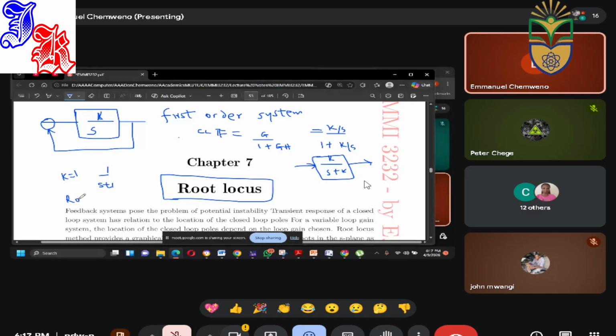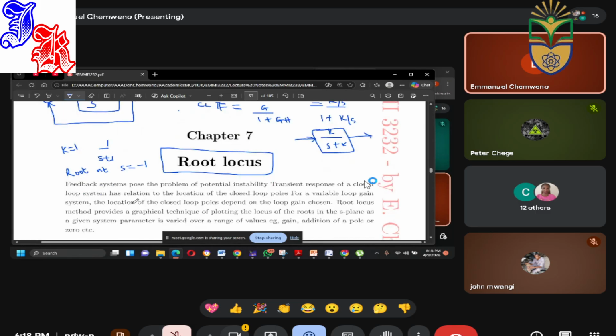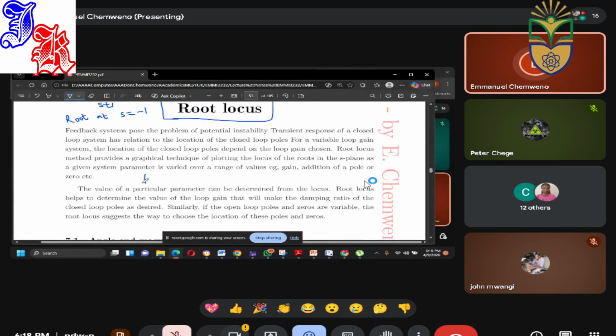Roots at S is equal to negative 1. For K equal to 2, it becomes 2 over S plus 2, roots at S is equal to negative 2.